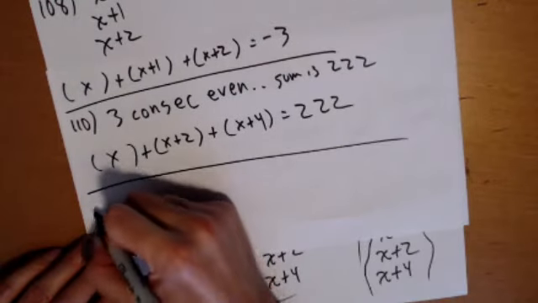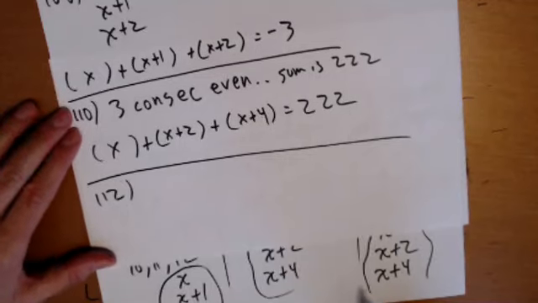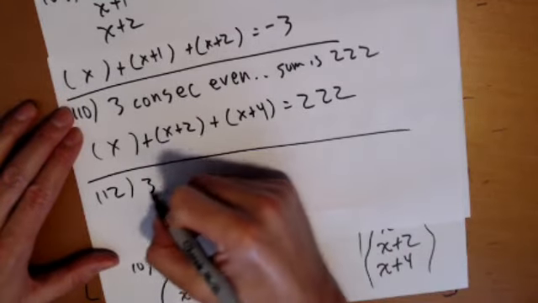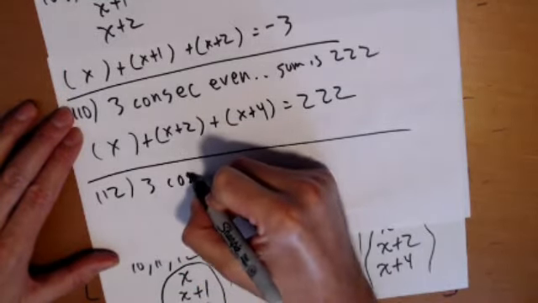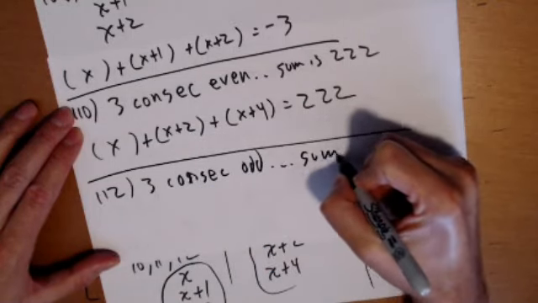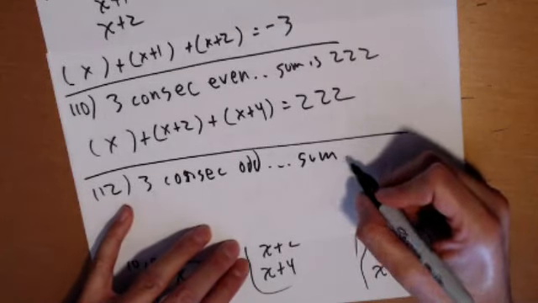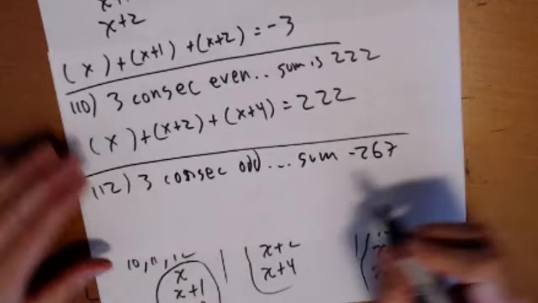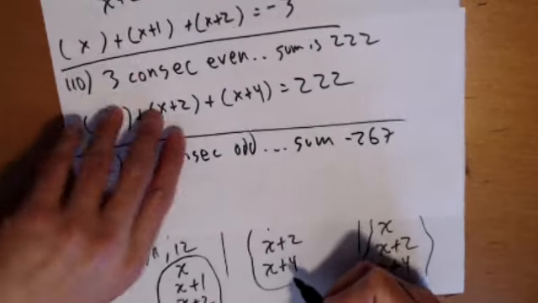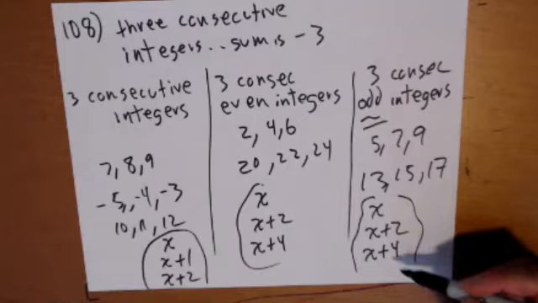It's pretty straightforward. 112 says 3 consecutive odds whose sum is -267. So 3 consecutive odds. Sum is -267. Remember, we agreed consecutive odds would be x, x plus 2, x plus 4.